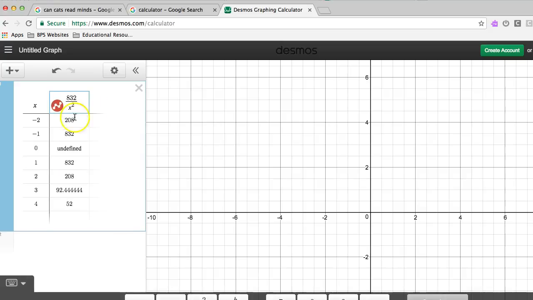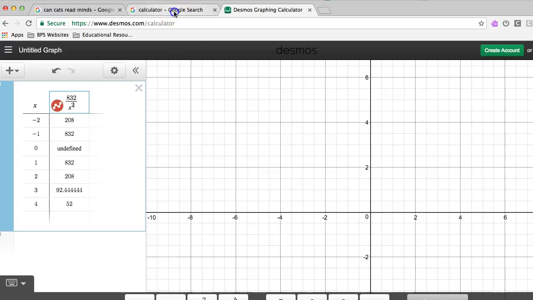X squared, like that. And that means this number squared times this side will be 832. So instead of 2 times 208, this is really 2 squared times 208 equals 832. So this would be 4 times 208 equals 832. 4, that would be 4 squared times 52 equals 832.